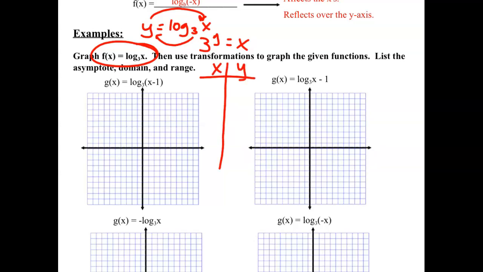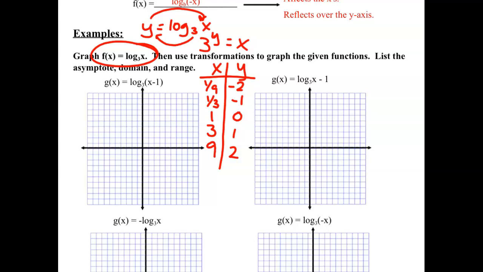And we said when we're graphing logs, it's easier to pick our y values. So 3 to the negative 2 power, it's going to square it and flip it, so 1/9. 3 to a negative 1 just flips it, 1/3. Anything to the 0 is 1. Anything to the first power is itself. And then 3 squared would get us a 9.